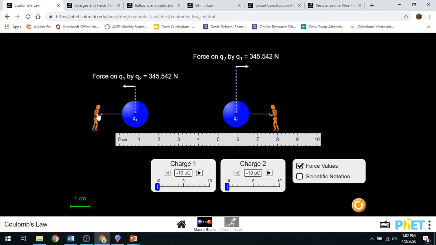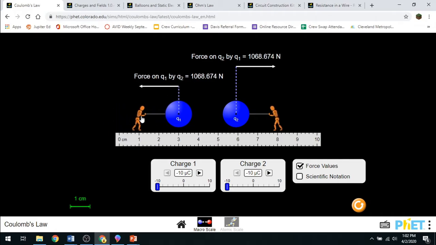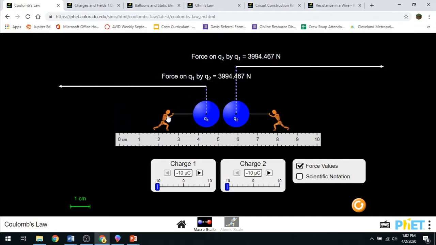If I move one closer, they begin to push a lot harder. The arrows show that the two charges are trying to push each other away.